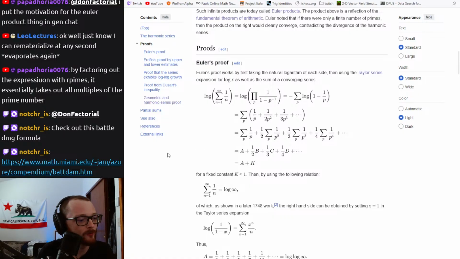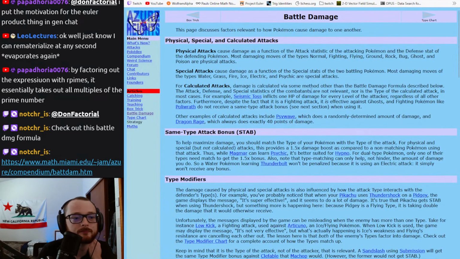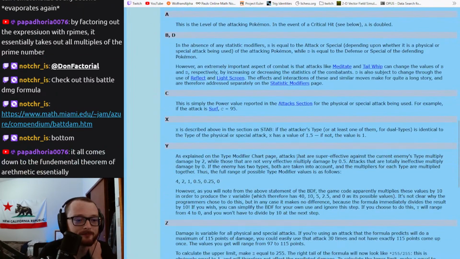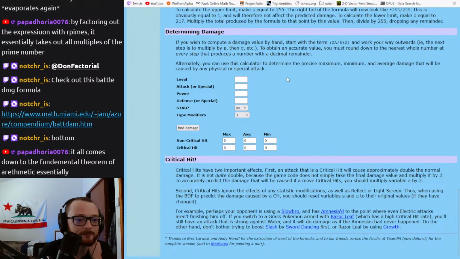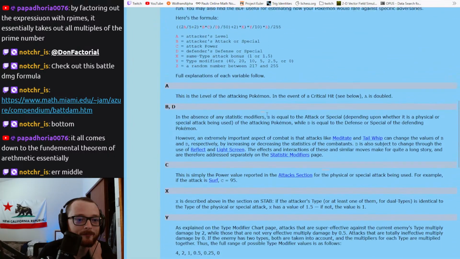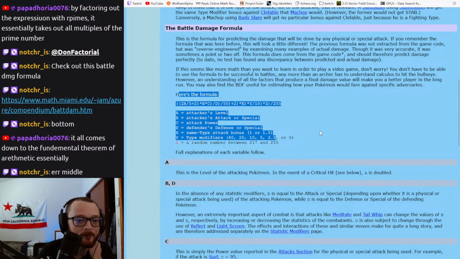This battle damage formula? For Pokemon? Middle? This looks complicated. Is this what you mean?